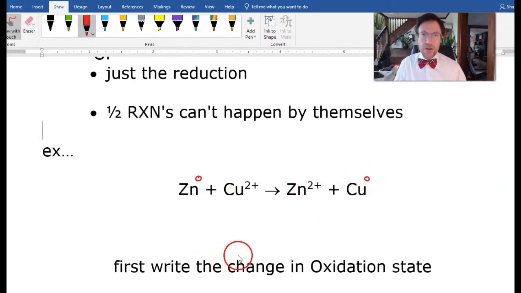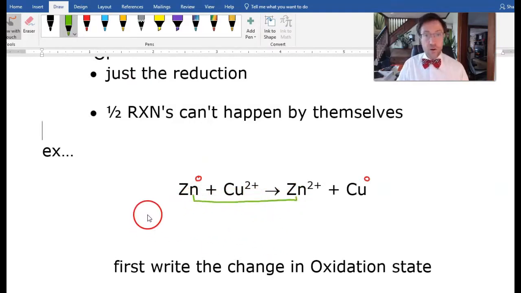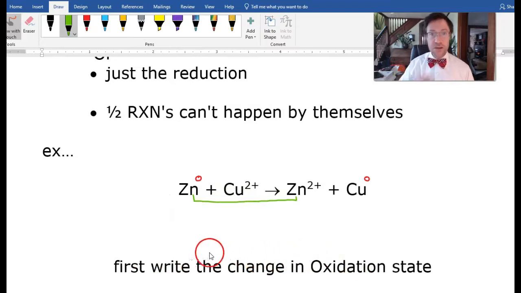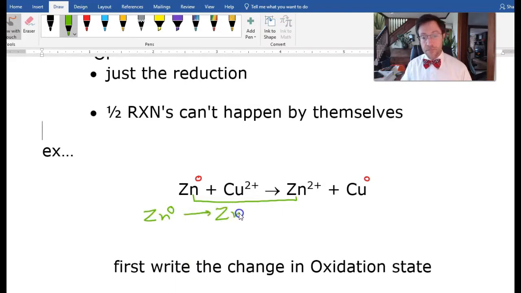So the first thing we're going to do is write the change in oxidation state. What I had you do for the homework before is draw lines connecting things. So for this one, I would write zinc 0 turns into zinc 2 plus.